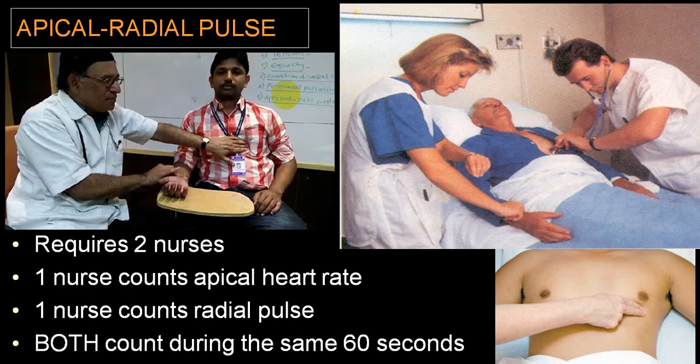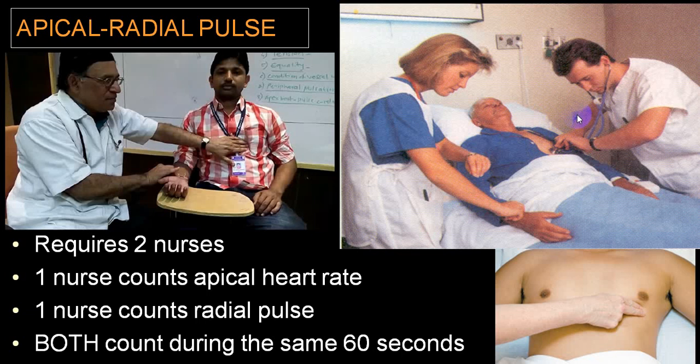And for calculating that you will require two persons. Ideally this is the worst method by which you can calculate, because the person calculating the pulse can commit a mistake, and another person is calculating the apical impulse. So two separate people: one is calculating the pulse rate, the other is calculating the apical impulse rate or apex rate, and then you compare.